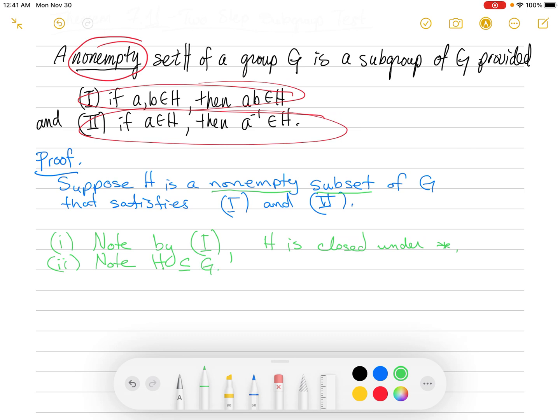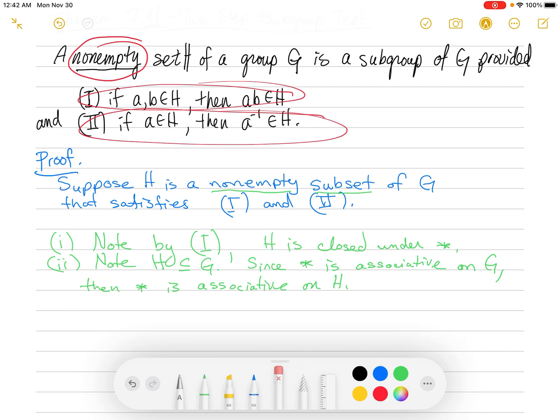Note, H is a subset of G, so, I should say, since star is associative on G, then star is associative on H. Right, if the operation is associative for all the elements of G, it has to be associative for all the elements of H because H is contained in G.